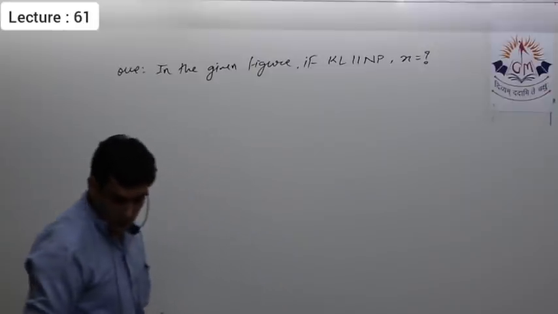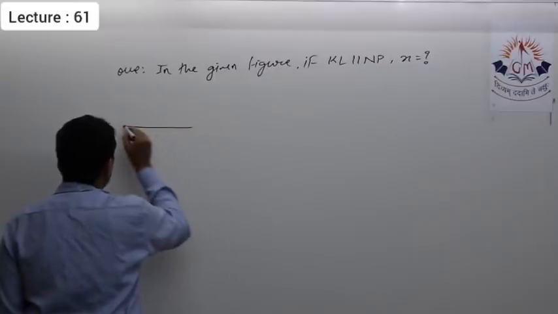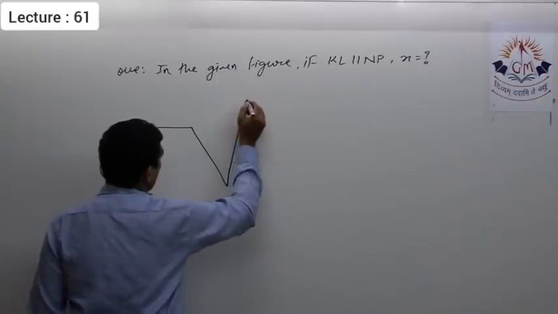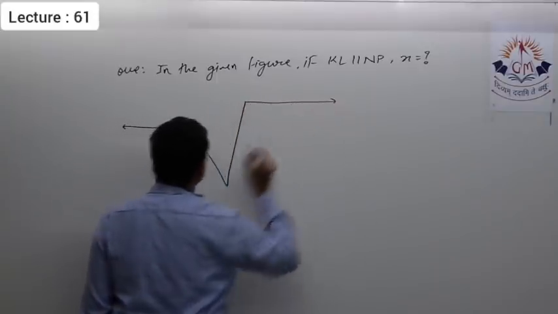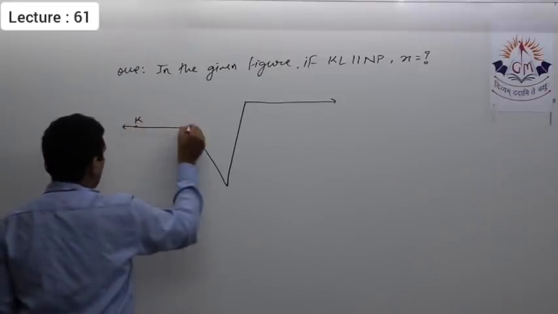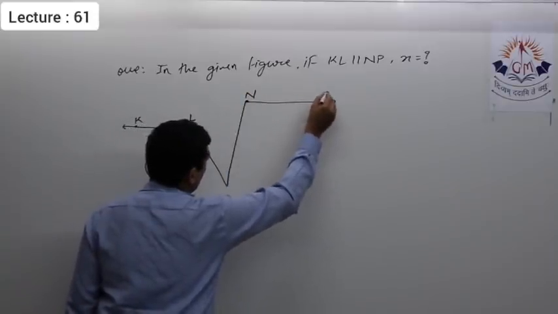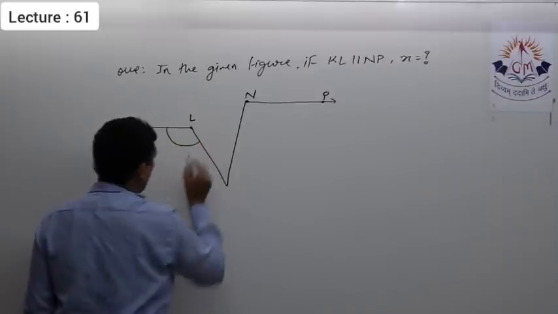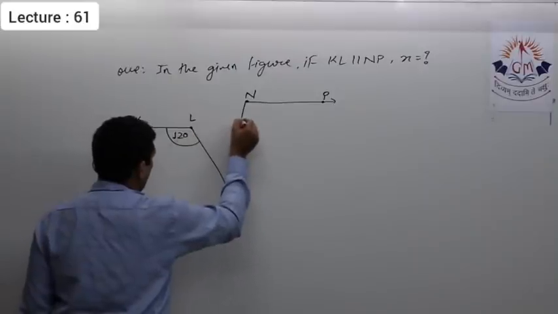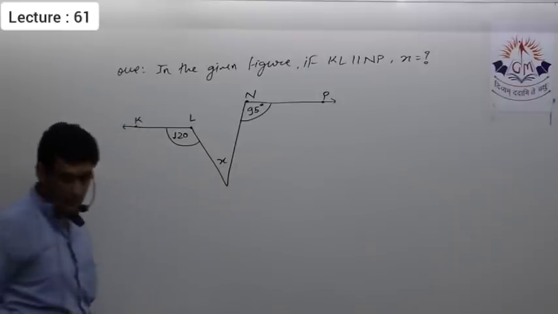So there is a figure in which it is given line KL is parallel to line NP. We have to find the value of x. This angle is 120 degrees, this angle is 95 degrees, and you have to find this angle x.